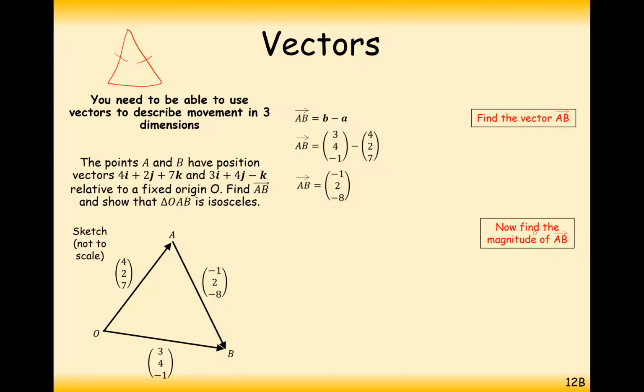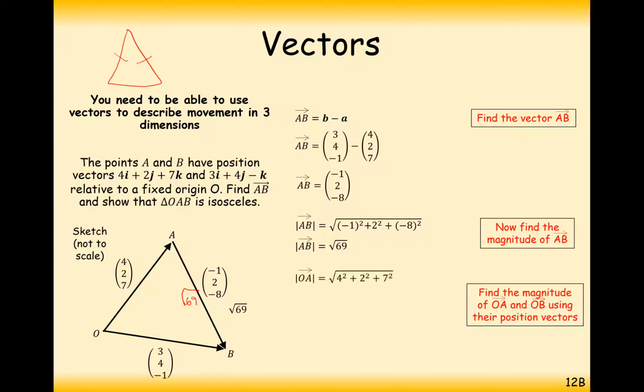Now the next thing we're going to do here is start showing that this triangle here is isosceles in some respect. So what I'd probably do is work out all of the magnitudes on all three of the triangle's sides, and then hopefully two of them will match up and equal each other. So work out the magnitude and we get root 69 on the vector from A to B, so this length here is root 69. The length on the line from O to A is root 69.